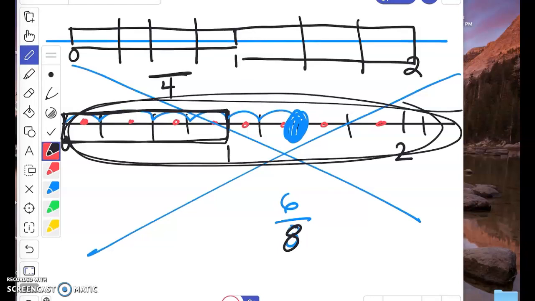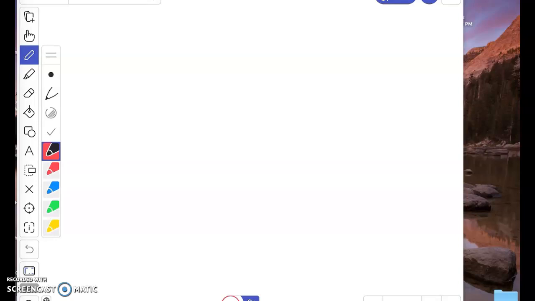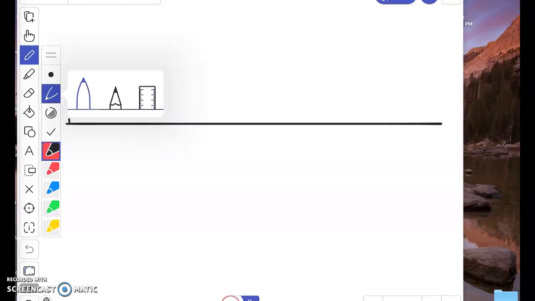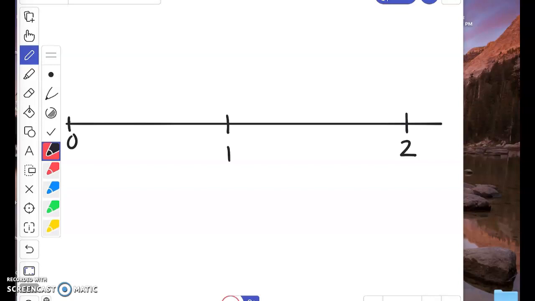Okay, so I'm going to leave you with one to practice. I'm going to give you a number line. You're going to draw it down onto your paper. I'm going to make it pretty easy, I think. I'm going to break each whole into thirds.